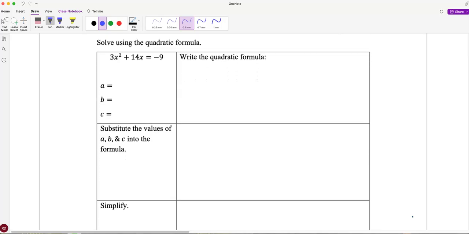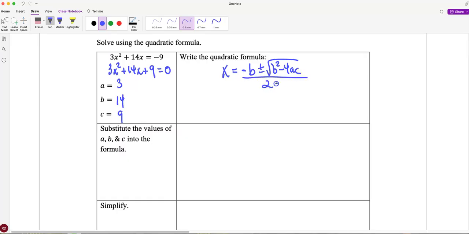Again, look at this. This is 3x squared plus 14x plus 9 equals 0. So a is 3, b is 14, c is 9, x is negative b. So b squared minus 4ac is going to be what, 196 minus 4 times 3 times 9.